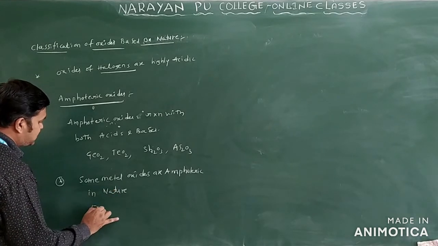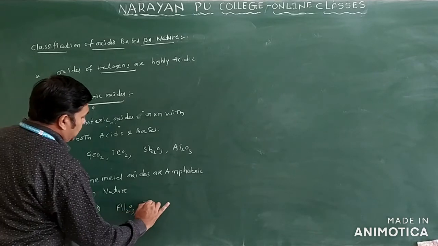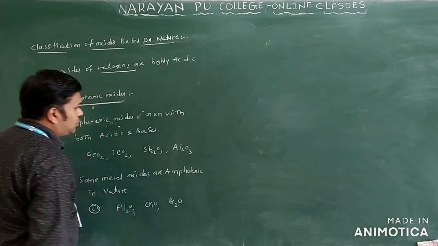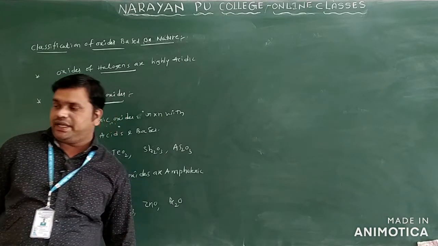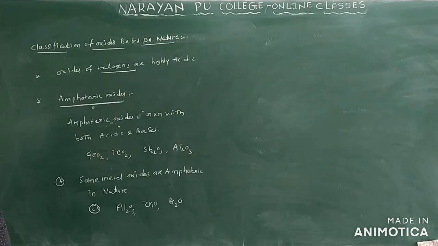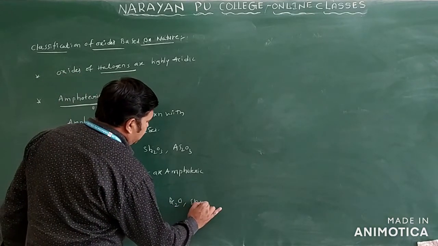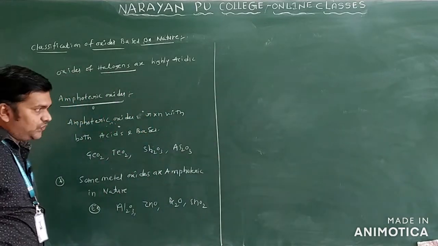We will write examples here: Al2O3, ZnO, and BeO. Those are metal oxides, but they show amphoteric nature. One more example, SnO2 only. So this is about amphoteric oxides only.